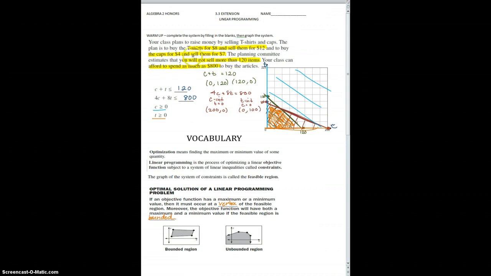In the original problem, it said that t-shirts could be bought for $8 and sold for $12. So for t-shirts, my profit would be $4.